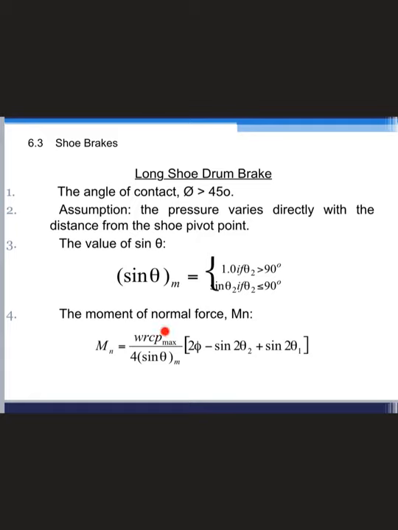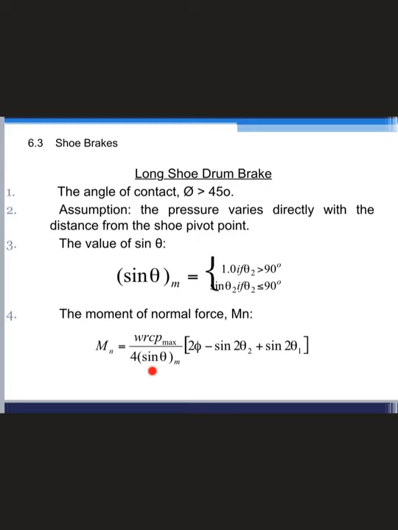P max is the maximum pressure which occurs between the long shoe and the drum. Theta is the contact angle between the long shoe and the drum, and then we have theta 2 and theta 1. I will show you on the figure where the location of theta 2 and theta 1 is.